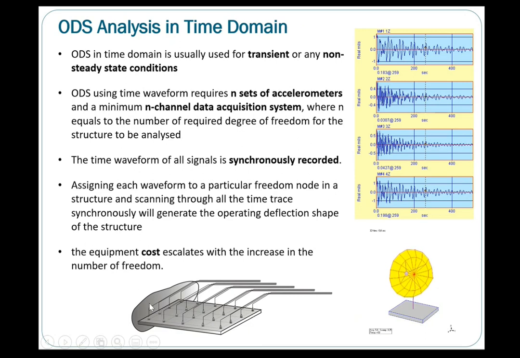In this case, you set up everything, then you capture all these sensors' data at one time, synchronously or simultaneously. So that gives us, if you have 4 sensors, 4 time waveforms, right? So you have how it moves at different times. Even its opposite direction has been taken care of.